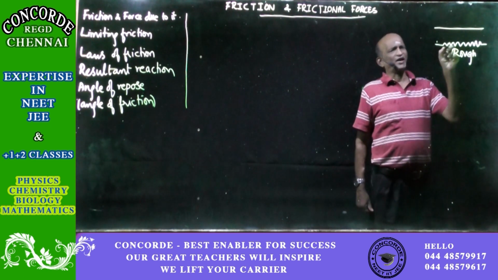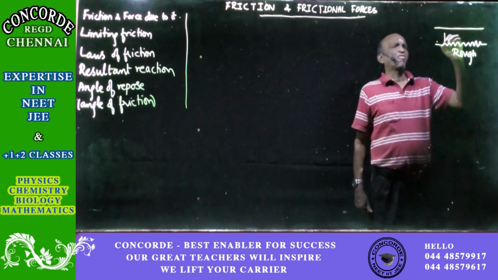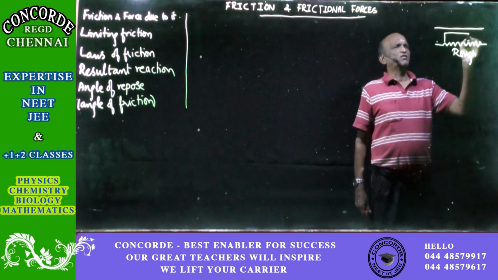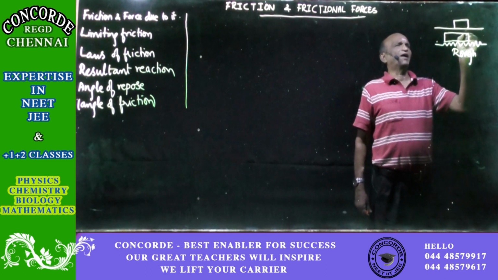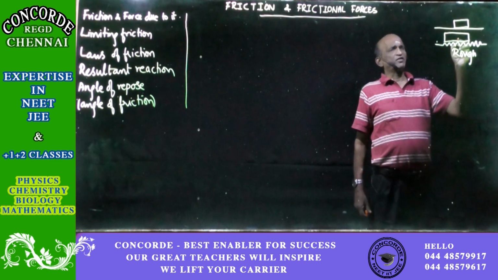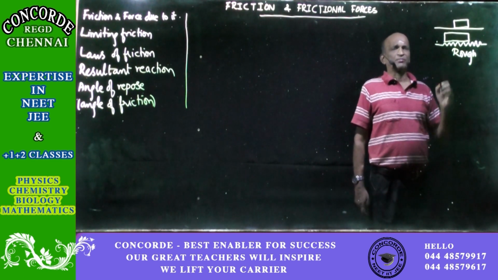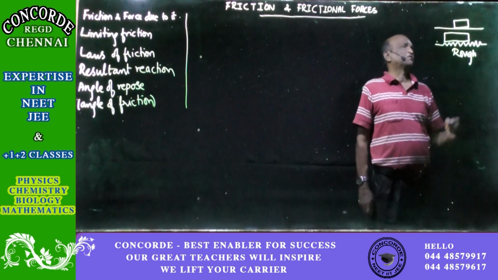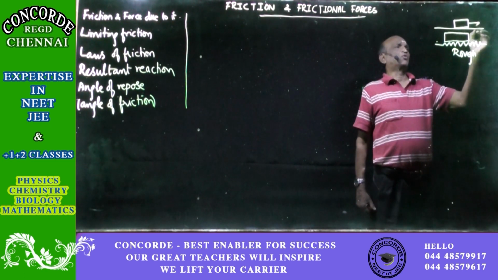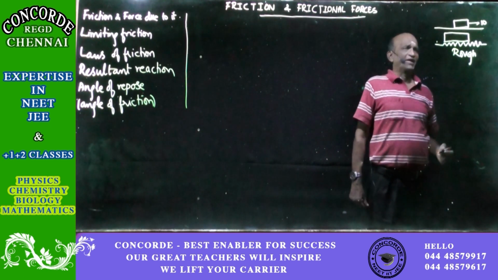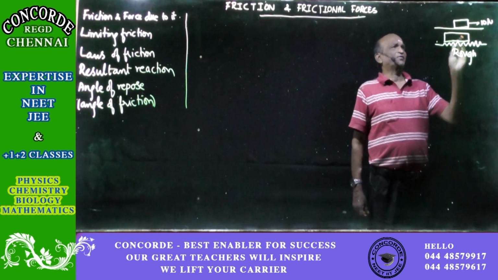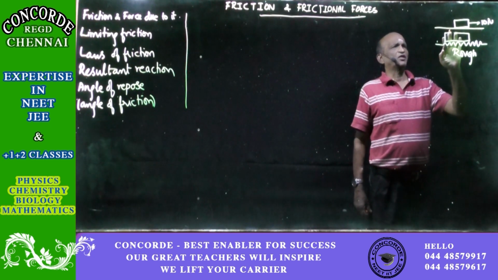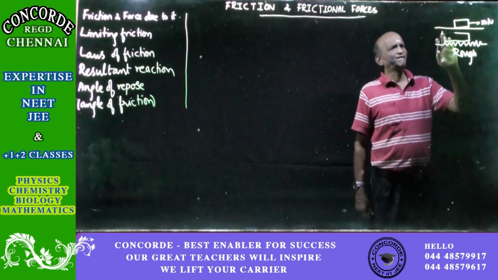For moving a body on this surface, it is not easy. Supposing to move a body over here, everything is the same. Same shape, same size, same material. And there, if you want a 10 Newton force to move the body, then on the rough surface, everything is the same, no difference otherwise.